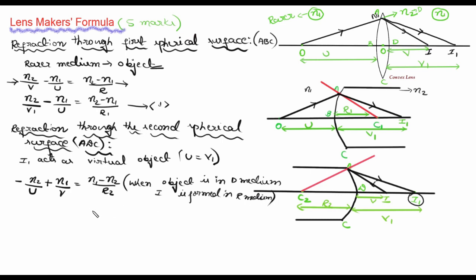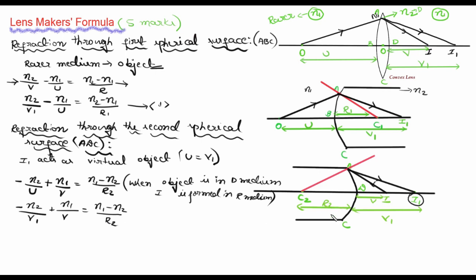Now let's apply this equation to this condition. Minus N2 divided by, instead of U, as I said, what we have to take? V1, because V1 is the object distance here, plus N1 divided by, in place of V, the final image is V itself, take it as V, is equal to N1 minus N2 divided by R2.